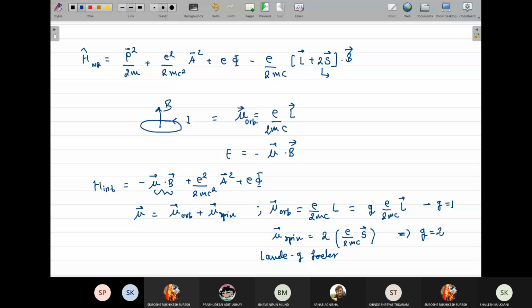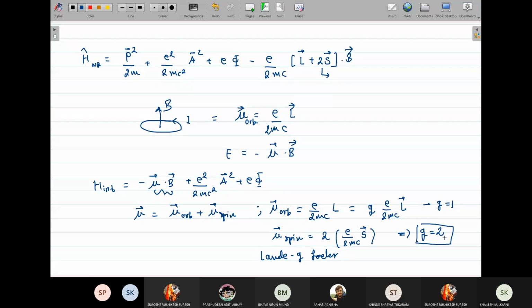What is important is that this Landé factor comes as the zeroth-order non-relativistic limit of the Dirac equation. So the Dirac equation gives you the correct Landé factor for the magnetic dipole moment. This is what is observed.